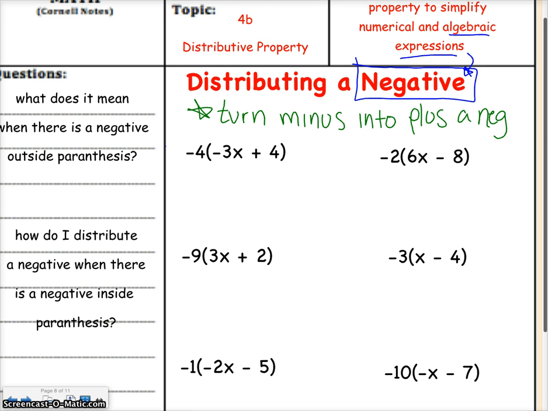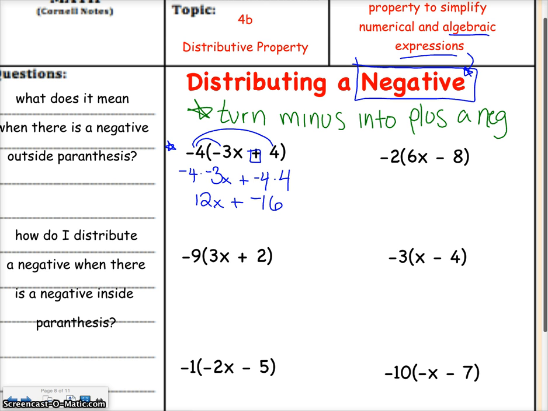Okay, this first example, there's no minus sign, there's just negative numbers, so I don't need to turn anything into plus a negative. This would be negative 4 times negative 3x plus, because there's a plus right here, negative 4 times 4. And then you just follow the order of operations and you do the multiplying parts. That's positive 12x plus a negative 16. You see, negative 4 times negative 3 is positive 12.